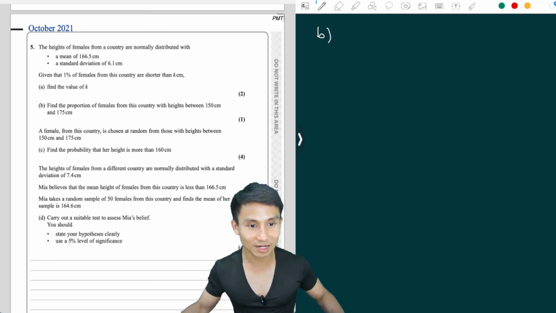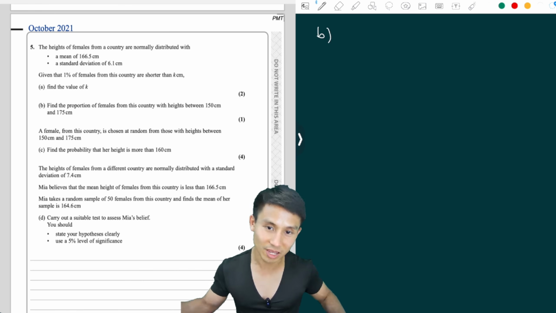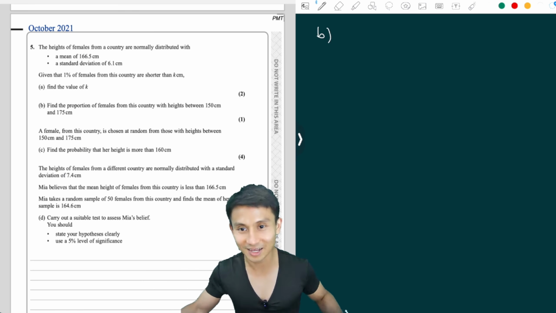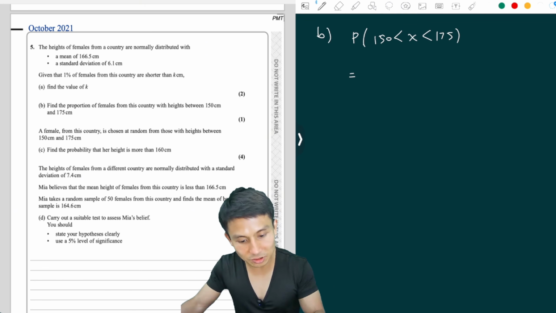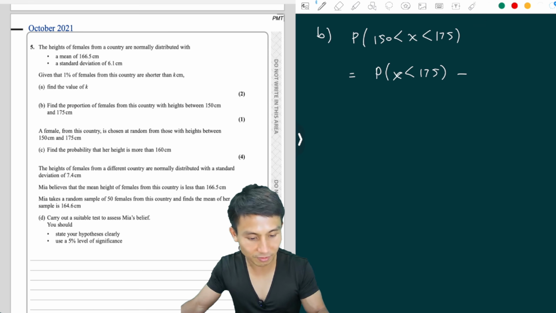Because I don't have that calculator, I'm just going to use my brain and the data here. Basically, you need to find this inequality, which is equal to P(X less than 175) minus P(X less than 150).